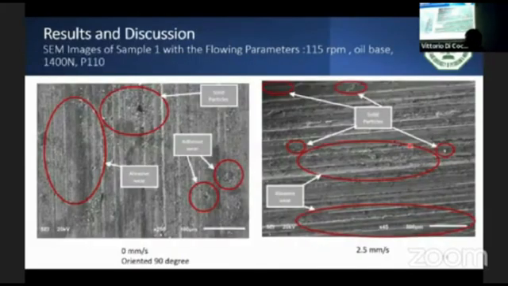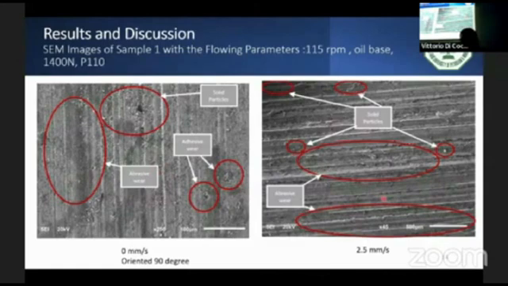For the microscope image, we can see here the image of sample 1 with the following parameters: 115 RPM, oil-based, 1400 Newton, and the material is P110. Before adding the penetration rate, this figure is oriented 90 degrees, and we can see the abrasive wear here.